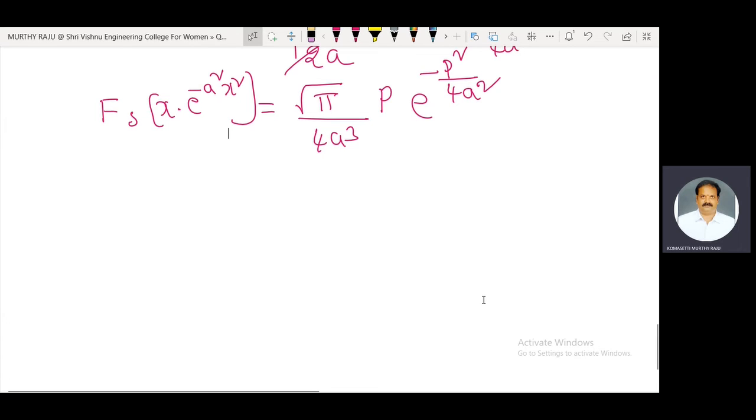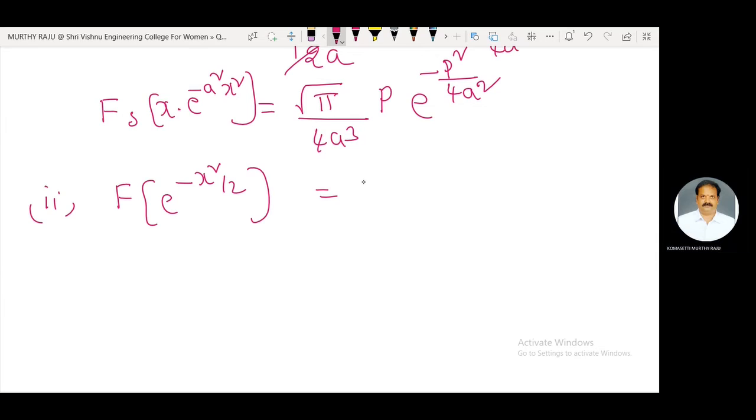In the second bit, Fourier transform of e power minus x square by 2.